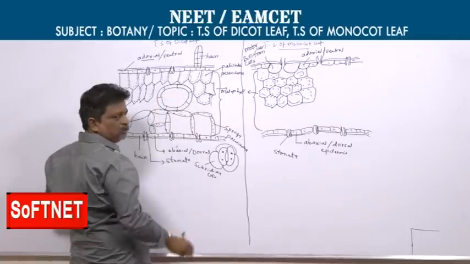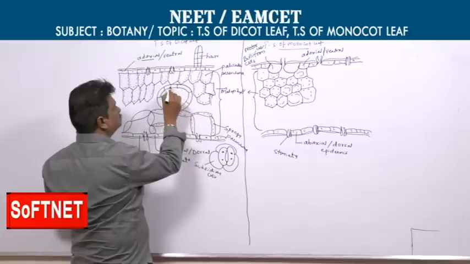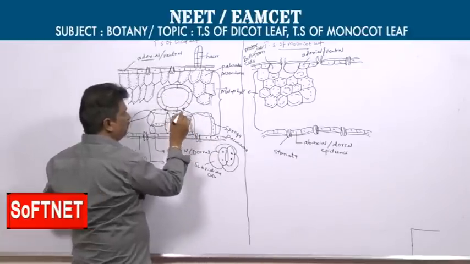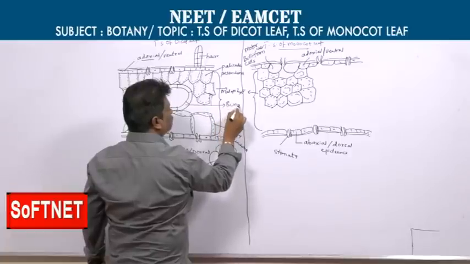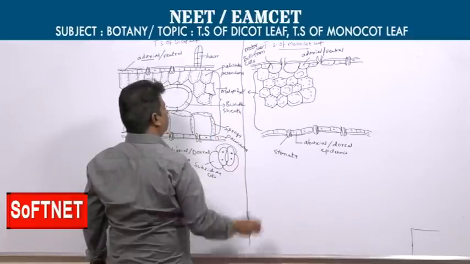All vascular bundles are enclosed by bundle sheath. That bundle sheath is made up of parenchyma, so it is called border parenchyma.